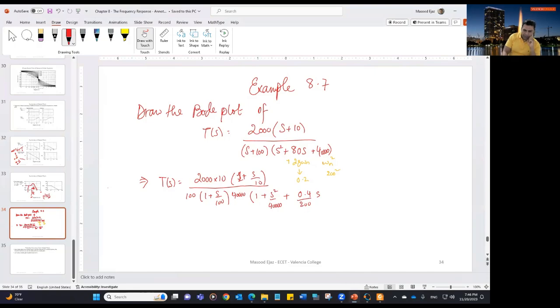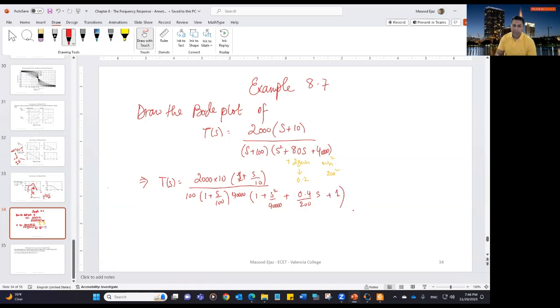And then you will have 2 zeta omega n, so it's going to be divided by omega n. So okay. All right, so omega n is 0.4 over 200 S and plus 1.